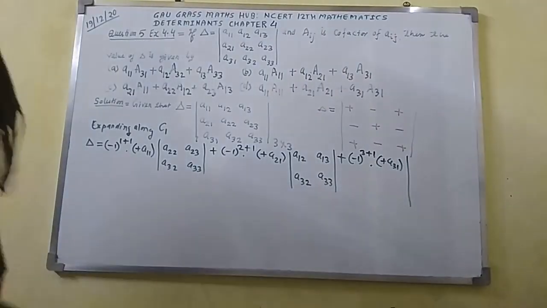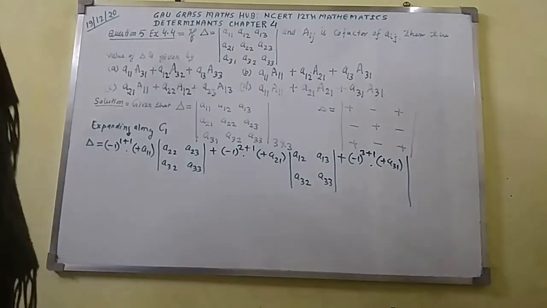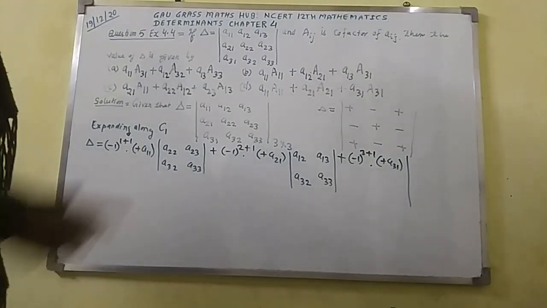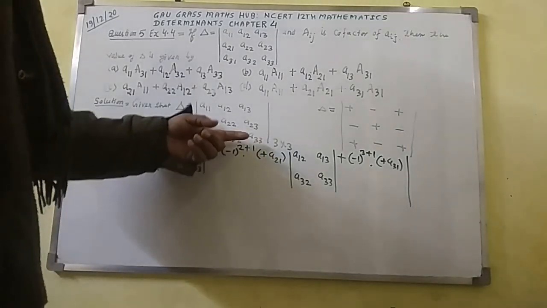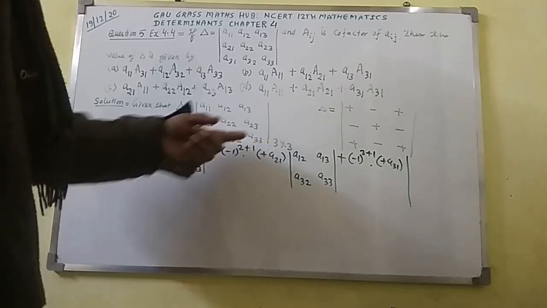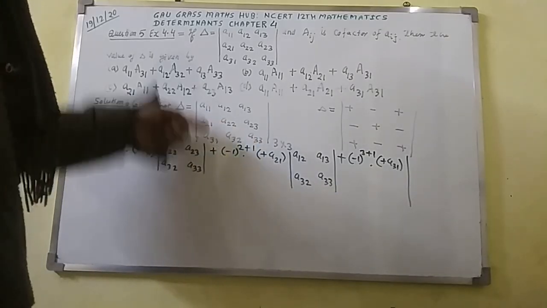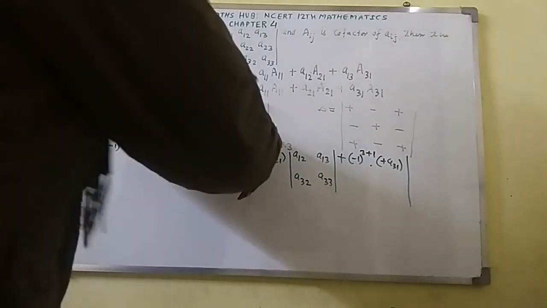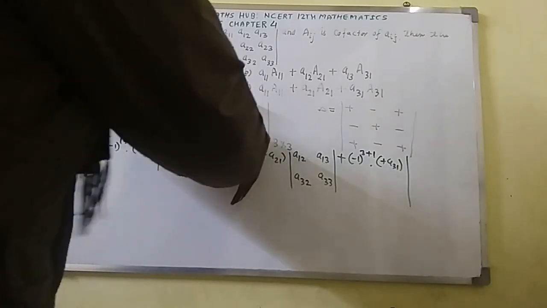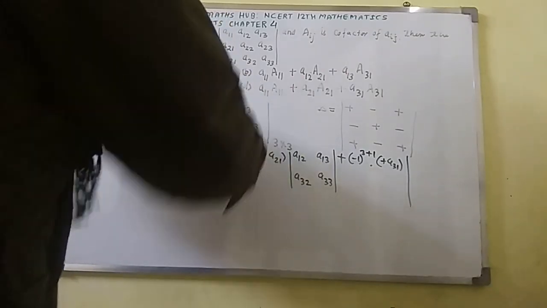Now get the minor of a31. Since a31 is there in the third row and the first column, the third row and first column will be hidden. We will get the minor of a31.